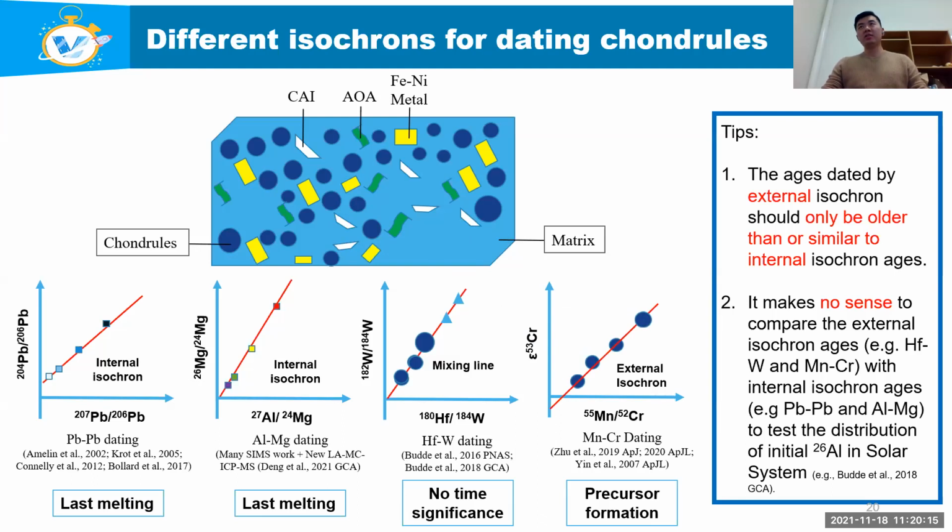Just two tips: the ages dated by external isochron should only be older than or similar to internal isochron ages. Then it makes no sense to compare the external isochron ages with internal isochron ages to test the distribution of initial aluminum-26 in the solar system. I may just have some comments on this paper.